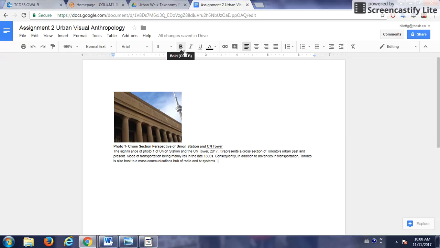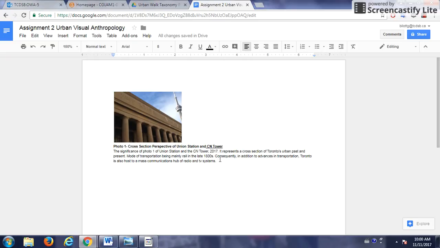So I'm representing my thinking in the rough. I will edit this caption, but the significance of photo one of Union Station and the CN Tower represents a cross section of Toronto's urban past and present. Mode of transportation being mainly rail in the late 1800s.